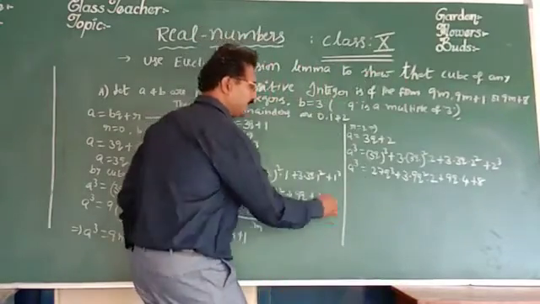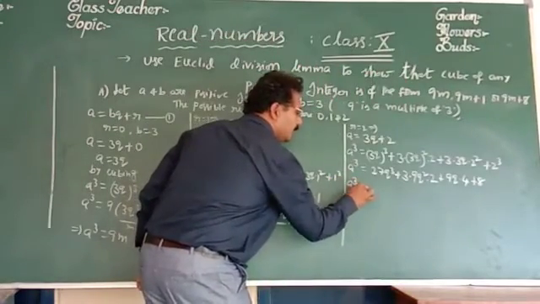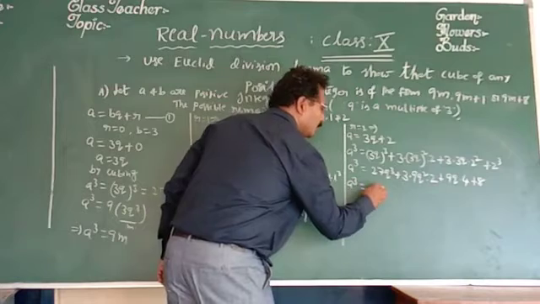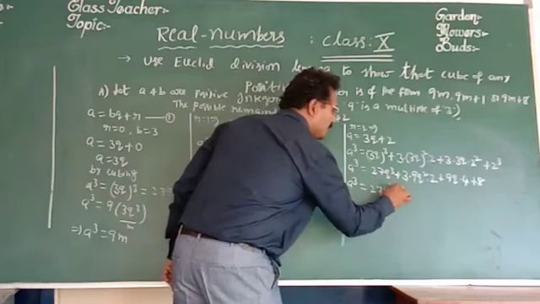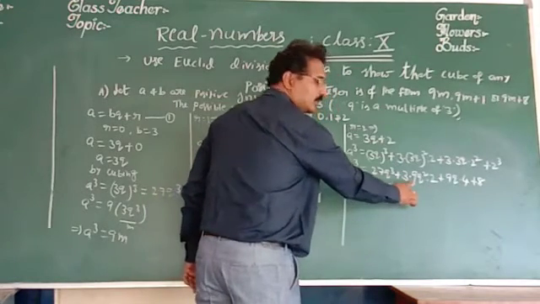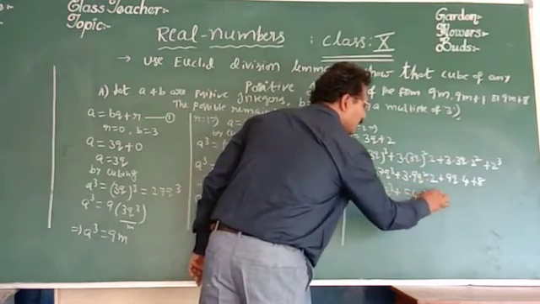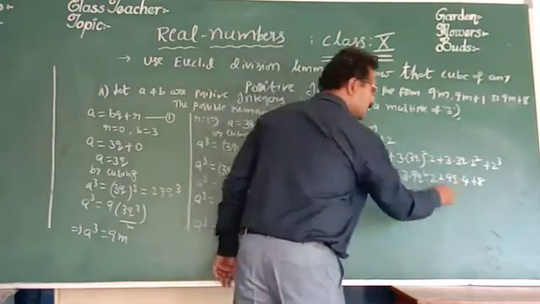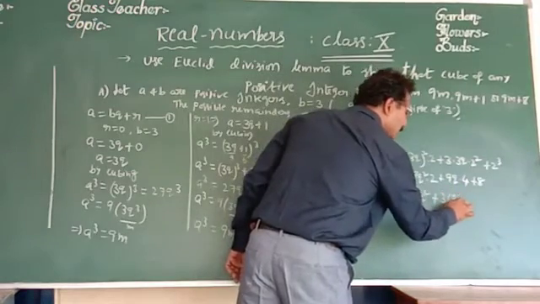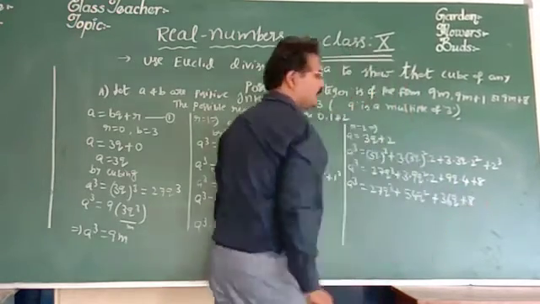Therefore a cube is equal to 27q cube plus 3 9s are 27, 27 2s are 54q square, plus 9 4s are 36q, plus 8.